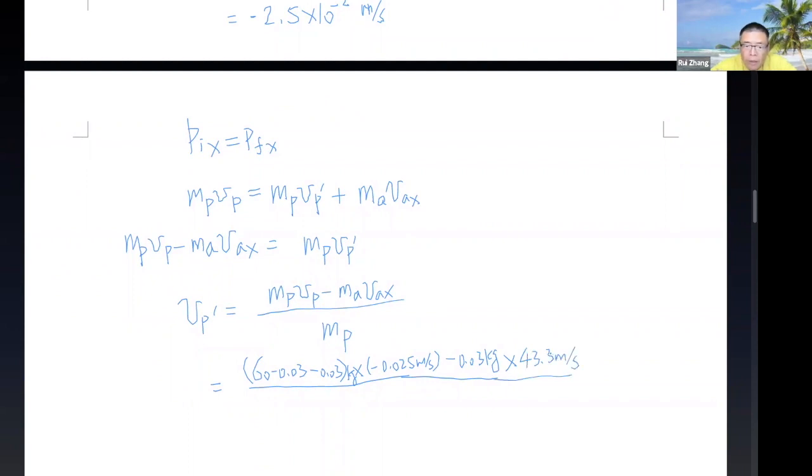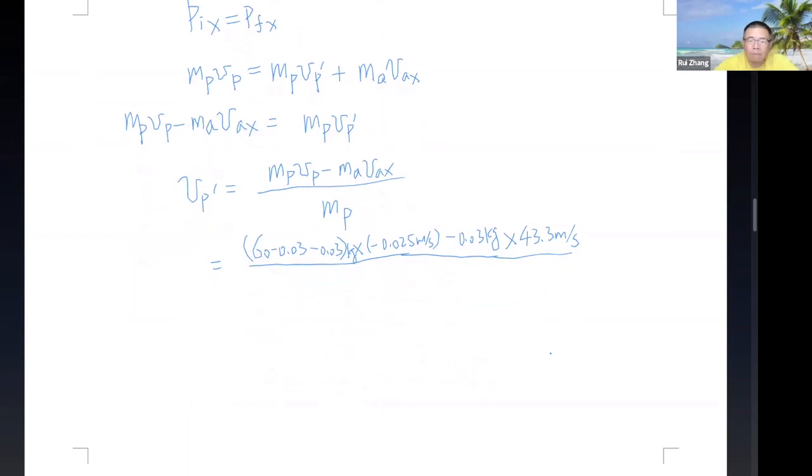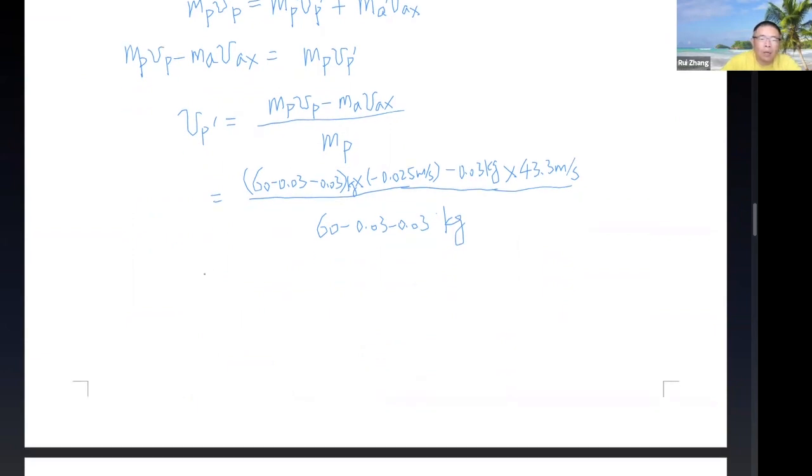Okay, like this. And then we have MP here, which is 60 minus 0.03 minus 0.03, okay? So that's in kilograms. That's the expression here.